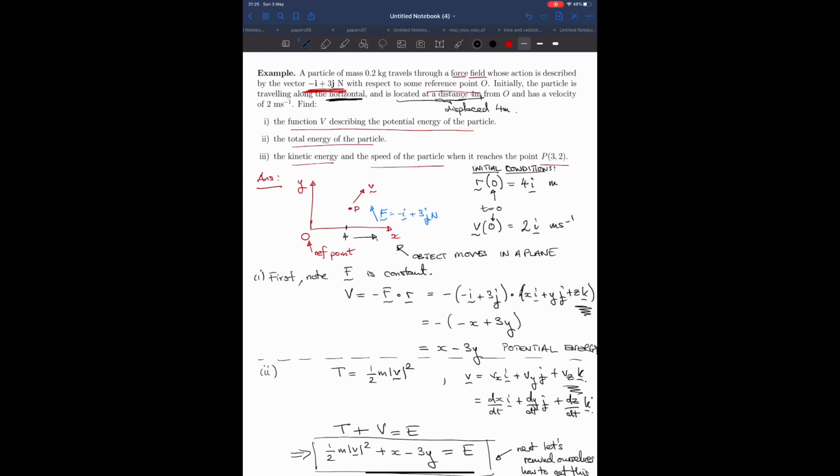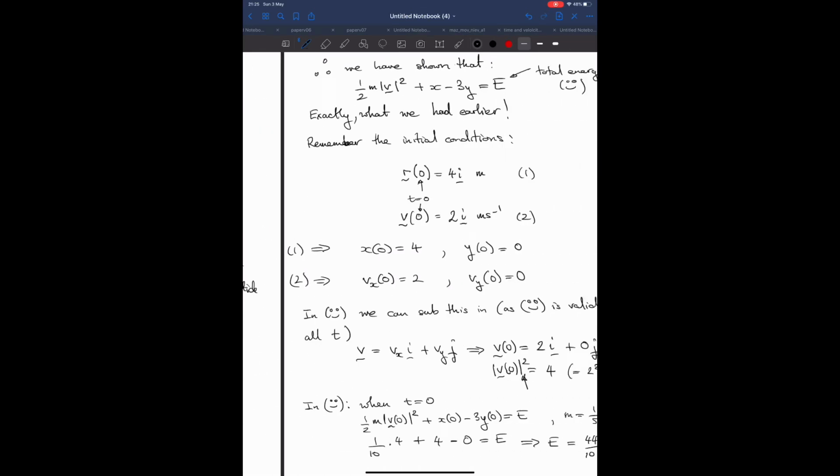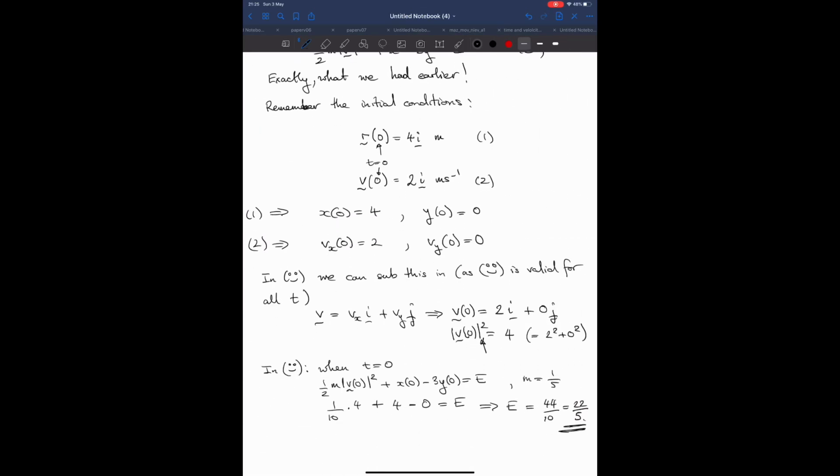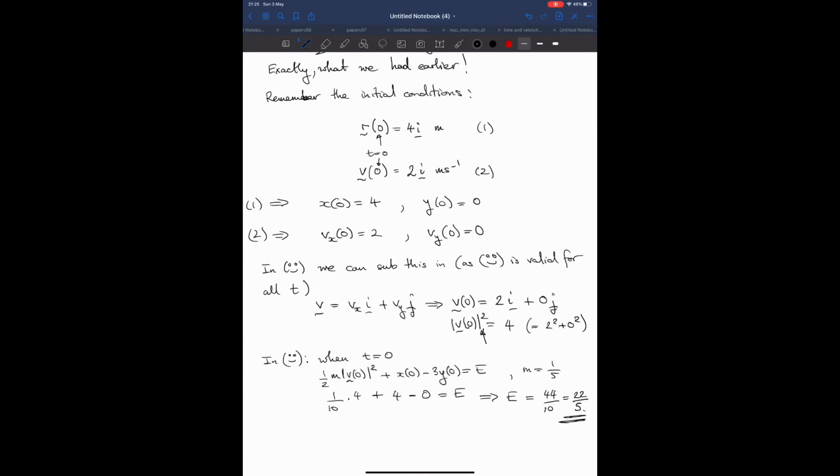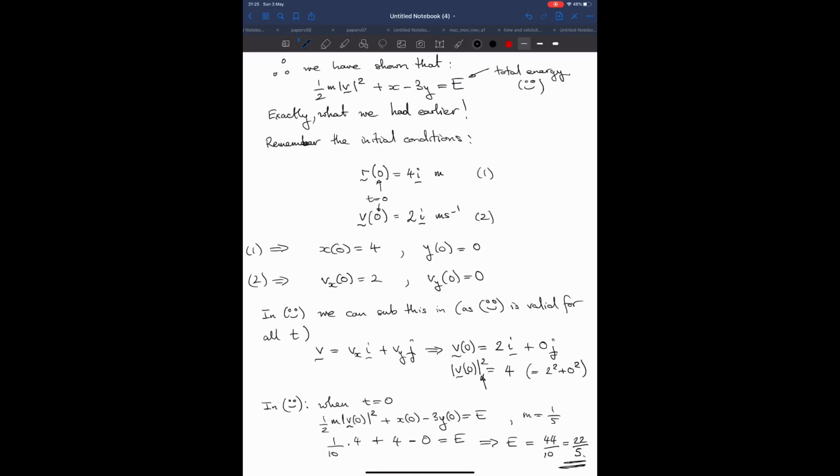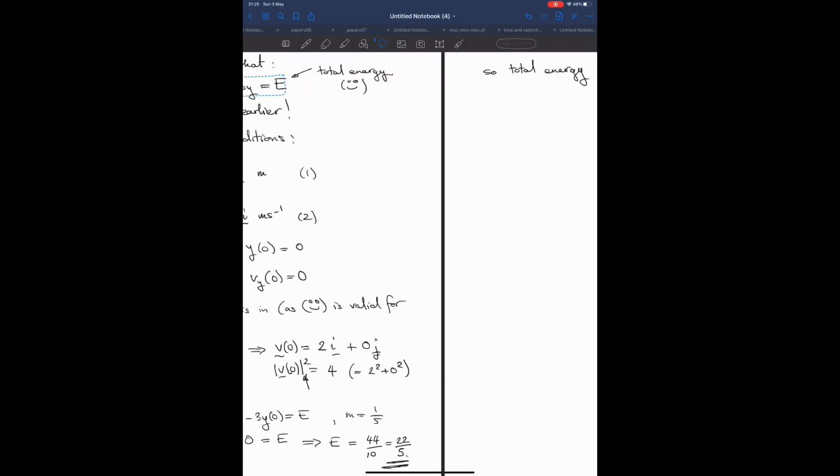Find the kinetic energy and the speed of the particle when it reaches (3, 2). So for this, we're just going to use the relationship that we picked up. I'm going to take this, because this is valid for all t, and we're just going to plug in the values that we know.